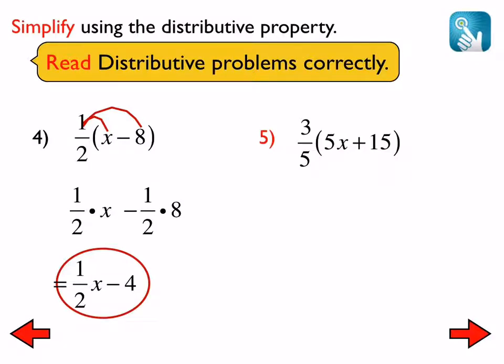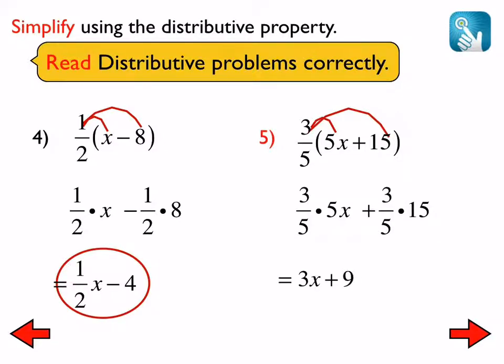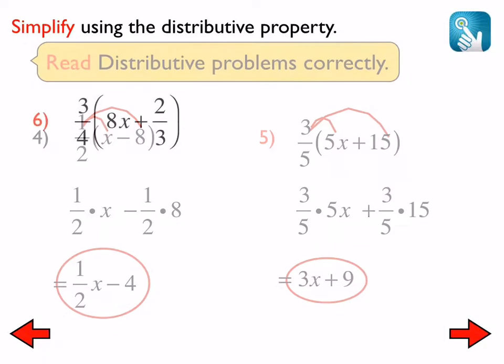Number 5, Charlene. 3/5 times the quantity of 5x plus 15 is equivalent to 3x plus 9. All right, very good. And here's the reason why. 3/5 times 5x is 3x, and 3/5 times 15 is 9, and therefore it is equivalent to 3x plus 9.